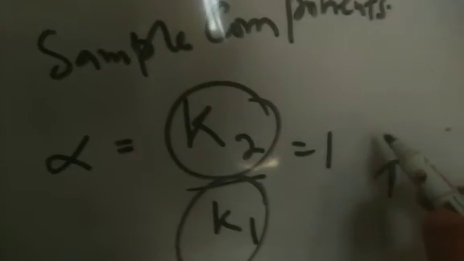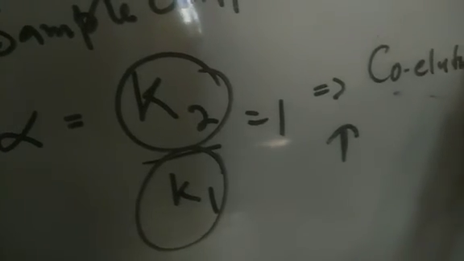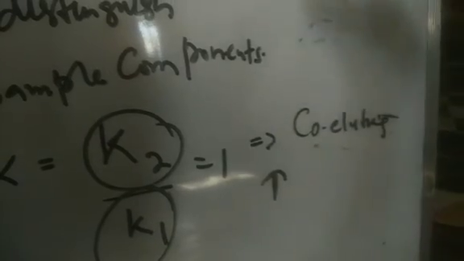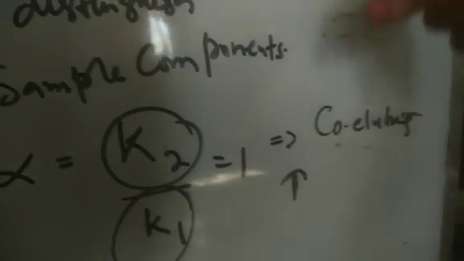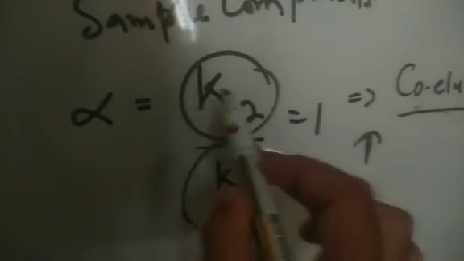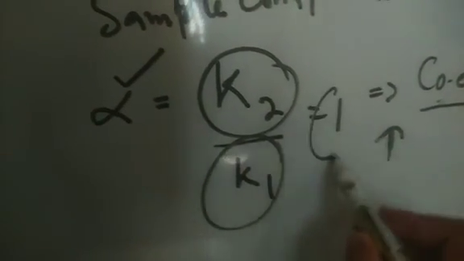So I should say the peaks are co-eluting if the value is 1. Elution means coming out of the column. When the solvent or the analyte comes out from the column, it is called elution. Co-eluting means they will come together because the K values are close. So the selectivity factor is 1, which means they are co-eluting.